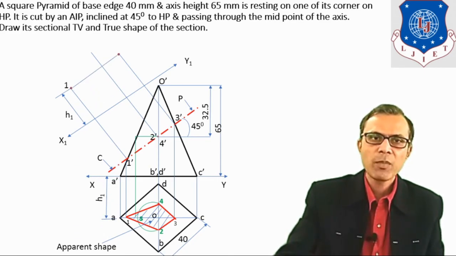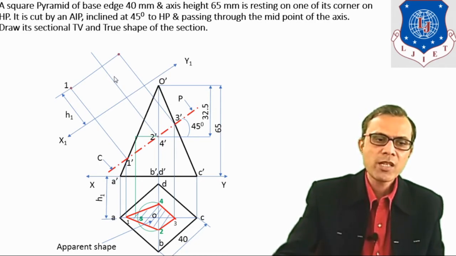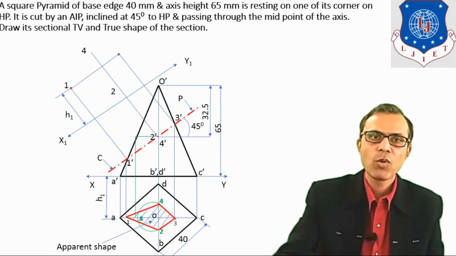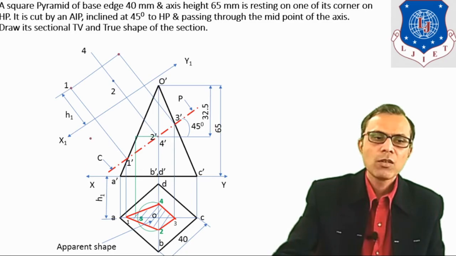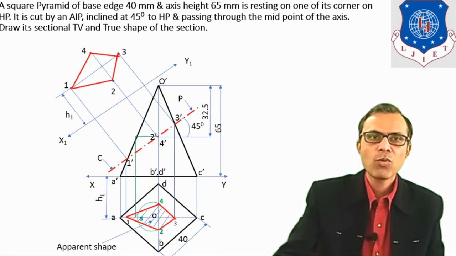And now for point number 2 and 4, measure the distance of these points from XY line, and on that particular projector mark these points as point number 2 and 4 and join these points in sequence. So that is the true shape.